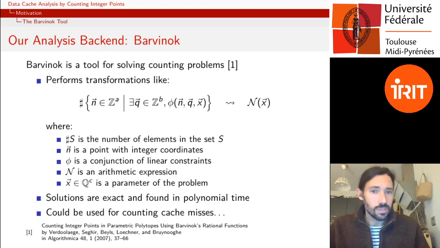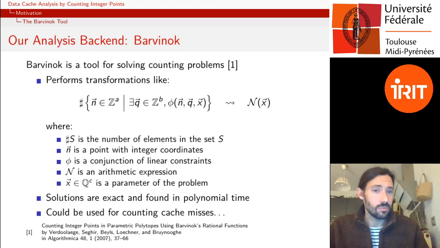The tool is going to take this set, which is described by some linear constraints, meaning that it's a convex set, and it will return an arithmetic expression, which can be nonlinear. This expression can be either a number or some expression parameterized by some parameters. These parameters also appear in the problem.